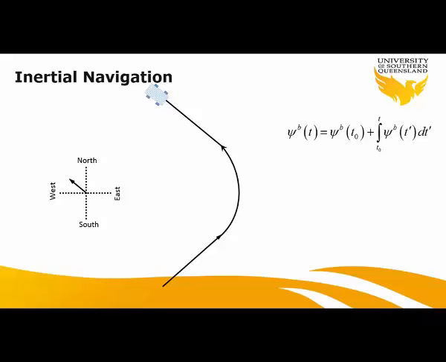Actually, gyros do not give us the bearing or heading directly. They only measure the rate of rotation, known as the angular rate or omega, which we've talked about before. Like before, if I have the initial heading, which is this term here, and I can get the time derivative of the heading as the time is changing, the heading also is changing, so I can get the heading after a period of time delta t.